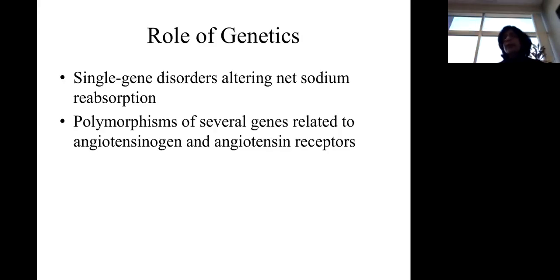Now, yet another place where genes could be involved is at the receptor level. The angiotensin receptor could be abnormal. Binding of angiotensin to the receptor could lead to vasoconstriction in greater than normal capacity. So these are some genetic implications that could be connected to hypertension.